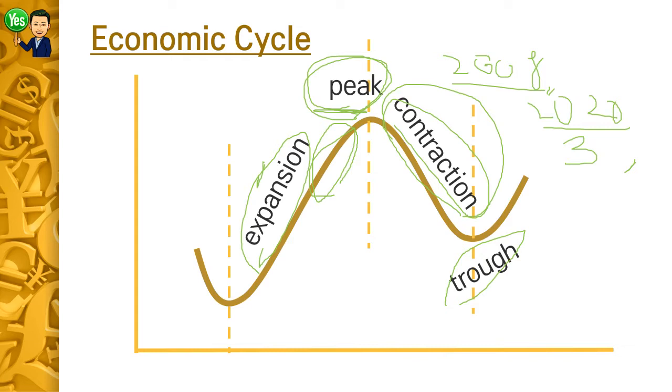And then the last stage, the trough of the cycle, is reached when the economy hits a low point and growth begins to recover. This is the time we're actually living in, and going into expansion again.